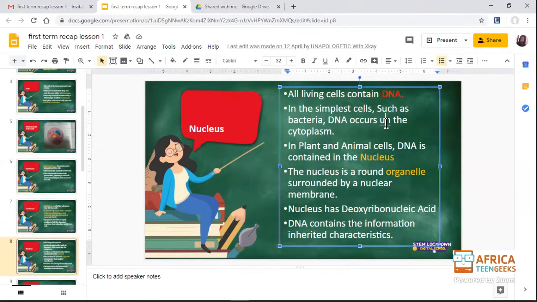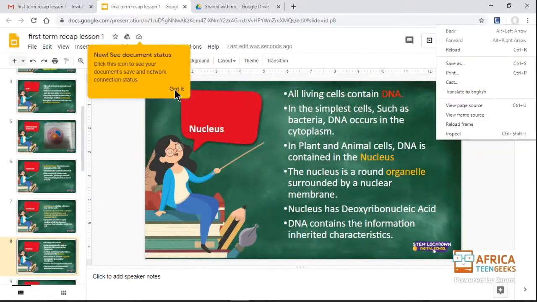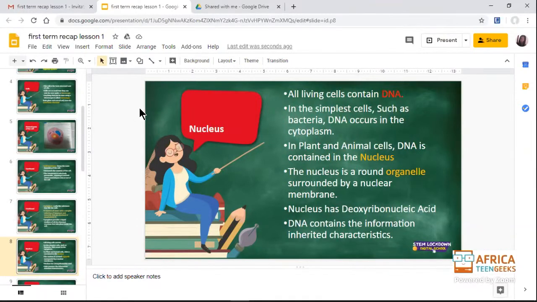So remember eukaryotes and prokaryotes. A bacteria is a prokaryote, meaning that it does not have a nucleus. Therefore, its DNA is found in the cytoplasm. And in plant and animal cells, DNA is contained in the nucleus because plants and animals are eukaryotes.